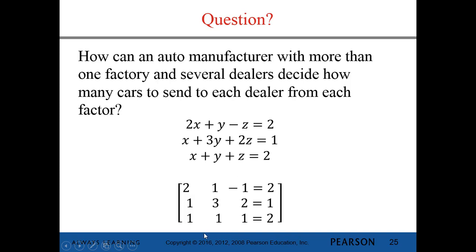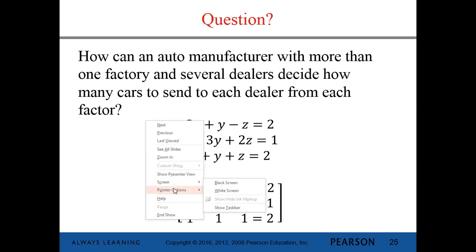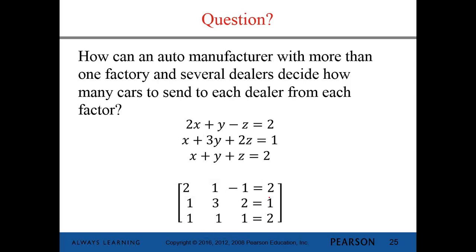So this is what we're going to look at as a matrix. But what we're going to do is get rid of the equal signs and replace them with a vertical bar. And so we'll have a matrix which is called an augmented matrix, and the augmented matrix separates the variable side from the constant side.